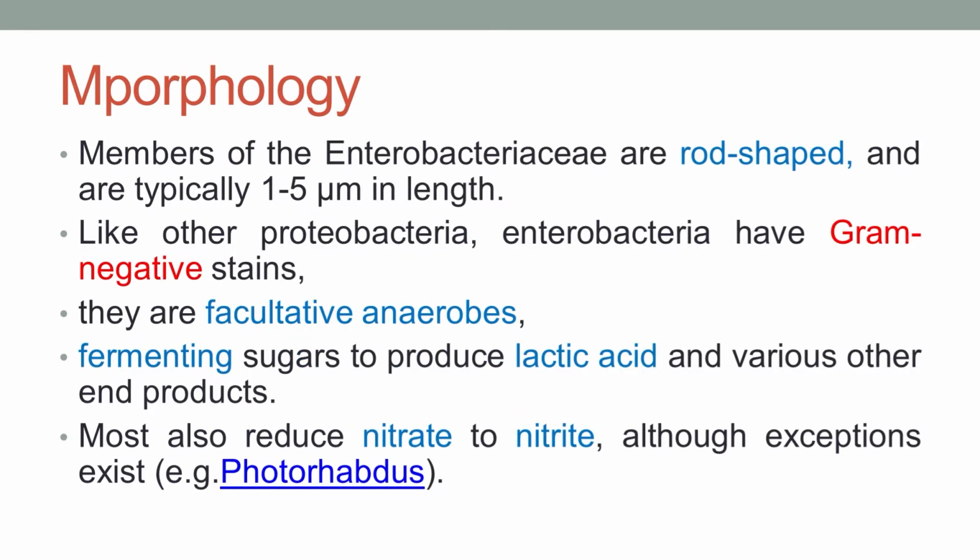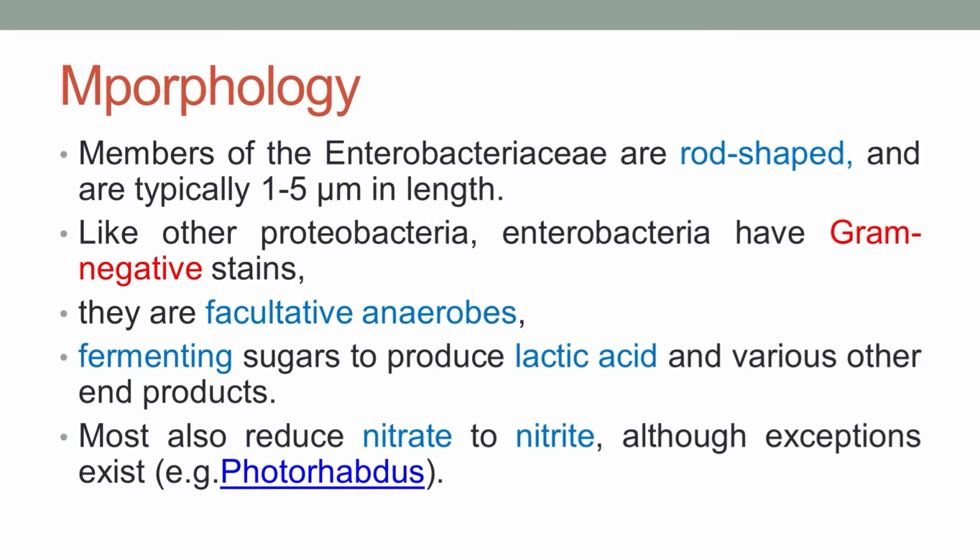Talking about the morphology of these bacteria, the first thing we have to mention here is that Enterobacteriaceae are gram-negative bacteria. It will make more sense, and you will see in this lecture why it makes sense.